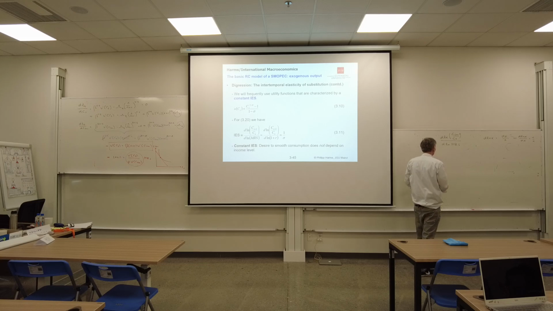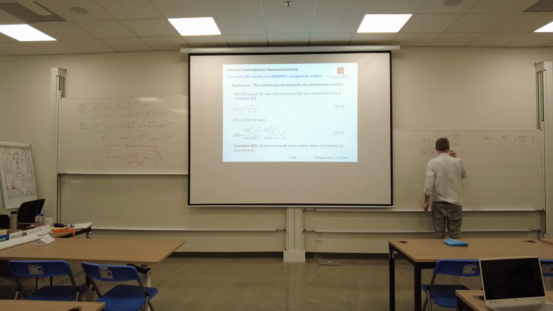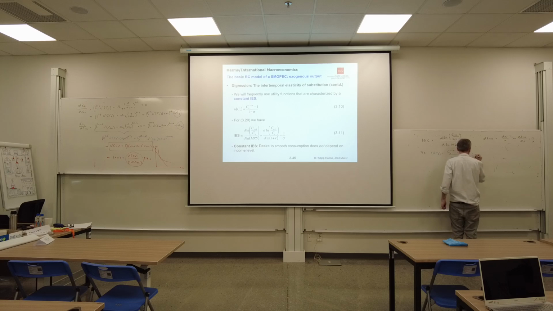Now, for U(Cs) being equal to Cs to the power of 1 minus sigma over 1 minus sigma, what is the marginal rate of substitution?